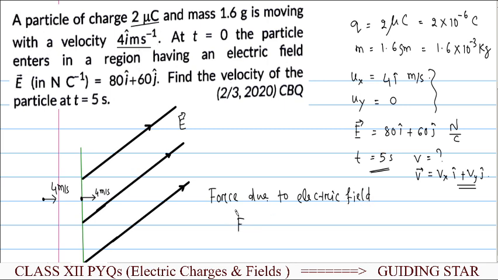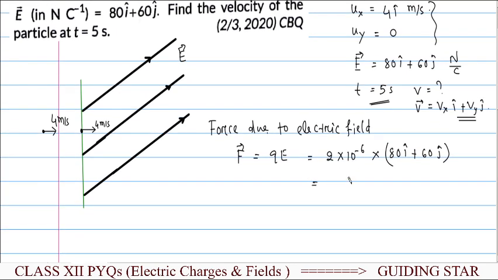F equal to Q into E. Q is given 2 microcoulomb, so 2 into 10 to the power minus 6 into electric field 80 i cap plus 60 j cap. Finally it will be 160 i cap plus 120 j cap whole into 10 to the power minus 6 Newton. So it will experience a force of this much Newton.